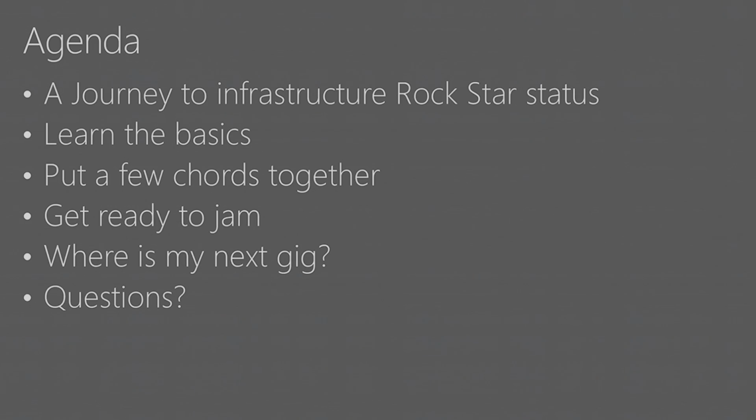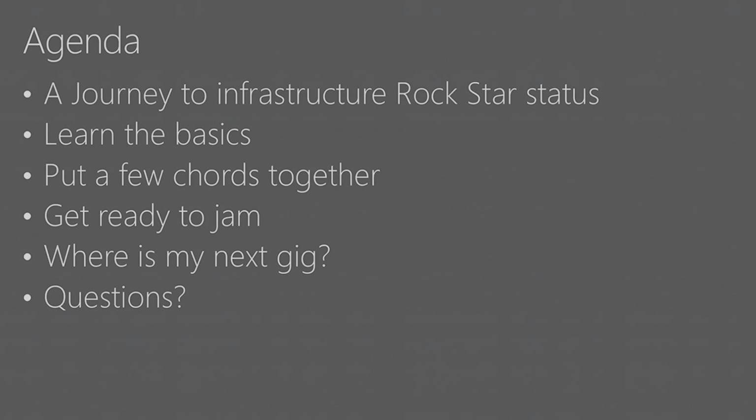Once you understand the basics, you start to put a few chords together. How do you think about automating tasks? How should you think about integrating this into your data center and your existing data center systems? Next, much like Rock Band, as soon as you put a few chords together, you're eager to get ready to jam.